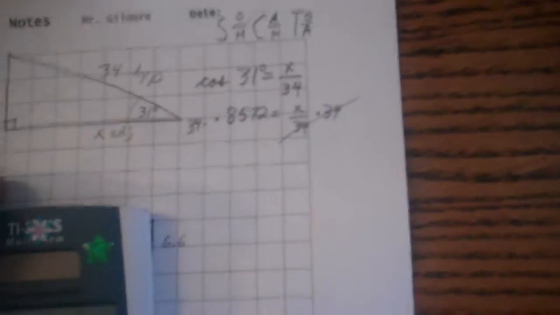And those will cancel. 34 times 0.8572 is 29.14. 29.14, that's what x equals. And that's the length of this side, this adjacent side to the 31-degree angle.